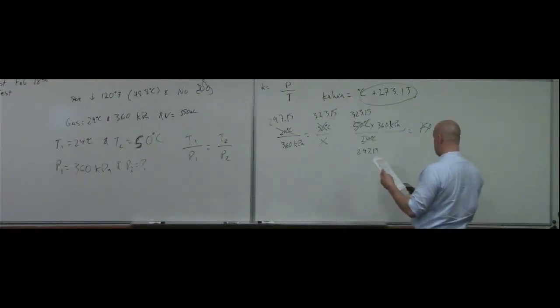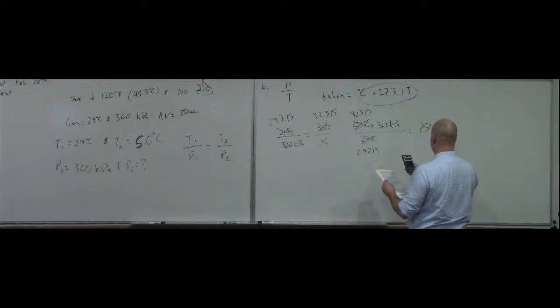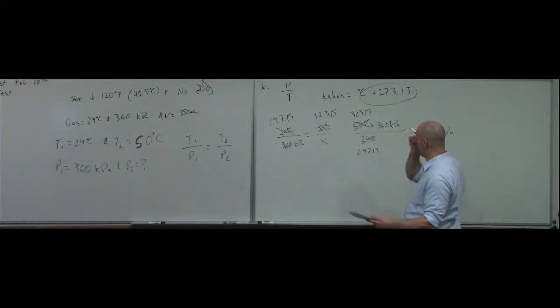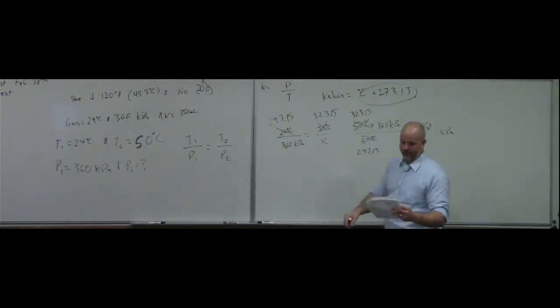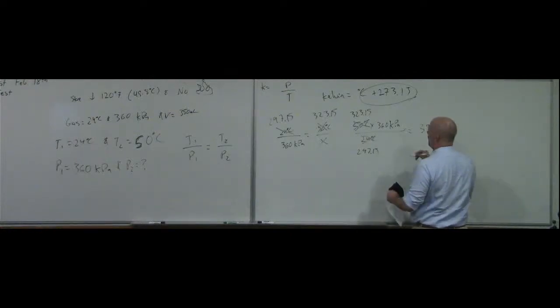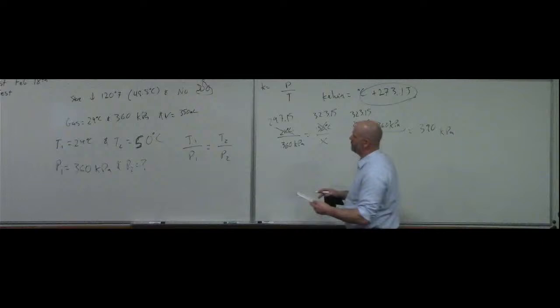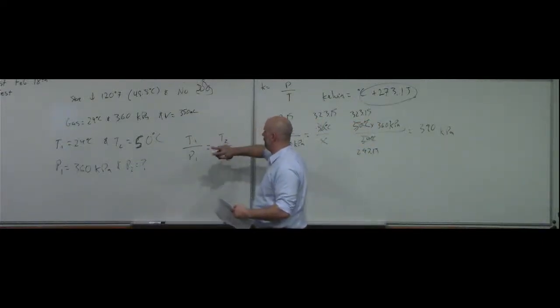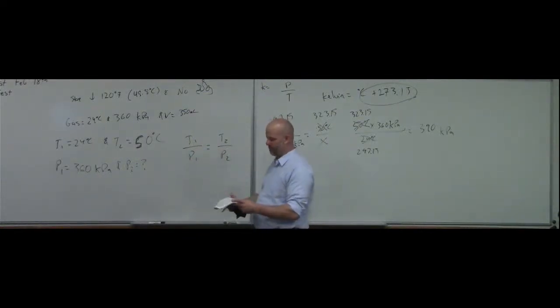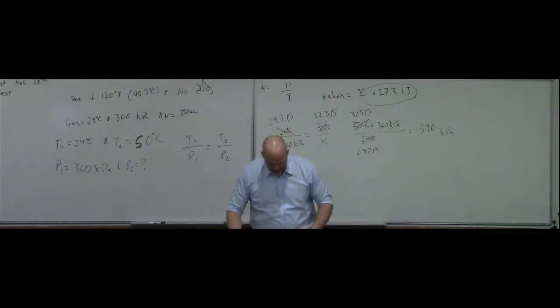They're coming up with 390, so let me go ahead and run it myself. Yeah, so they're getting 390. Now, you were saying, hey, shouldn't it be pressure over temperature? The fact is that because we're dealing with a proportion here, the math works out the exact same. Okay. All right. We'll do another problem.